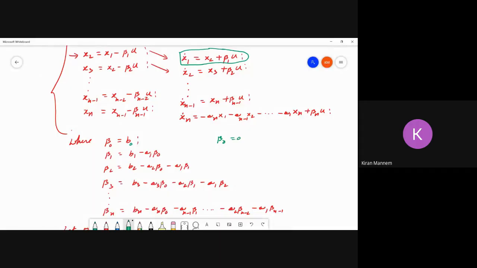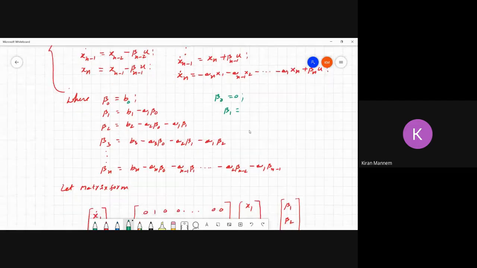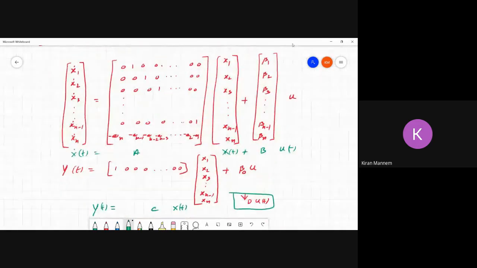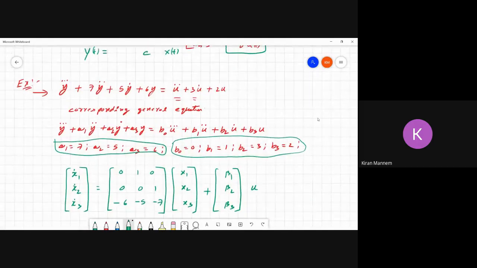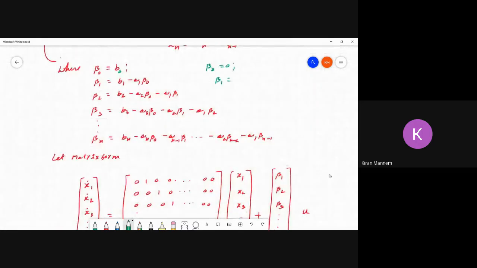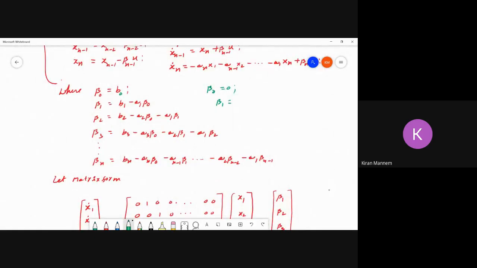So beta naught is 0 and beta 1 is equal to B1 minus A1 into beta naught. So beta naught already 0. So you have beta 1 is equal to B1 only. So what is B1 value in this equation? B1 value is 1 here. So I can write beta 1 is equal to 1 here, and beta 2 is equal to B2 minus A1 into beta 1. B2 is equal to 3, beta 1 is equal to 1.